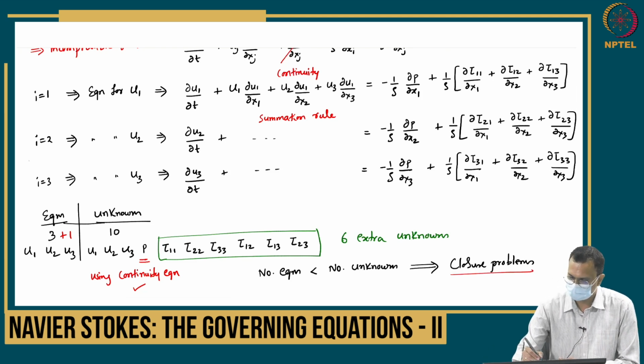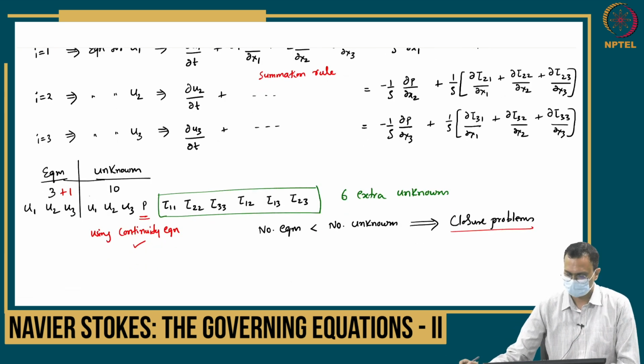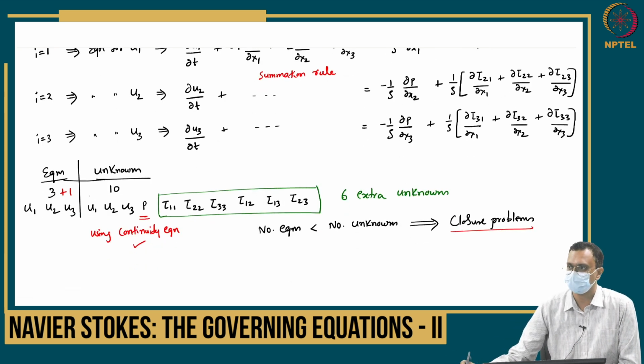So what do we do? How do we proceed? We have extra unknowns. We have not even started turbulence modeling. This is just the Navier Stokes equations. How do we proceed now? This you should have studied in the fluid mechanics course. Exactly. So we are using a model, right?